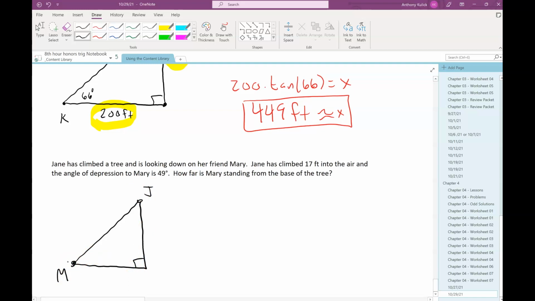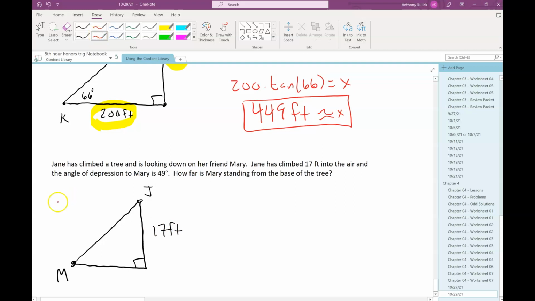It's a fair assumption, just like we assumed the Fisher Building was perpendicular to the ground. Okay. Jane has climbed 17 feet into the air, and the angle of depression to Mary is 49 degrees.